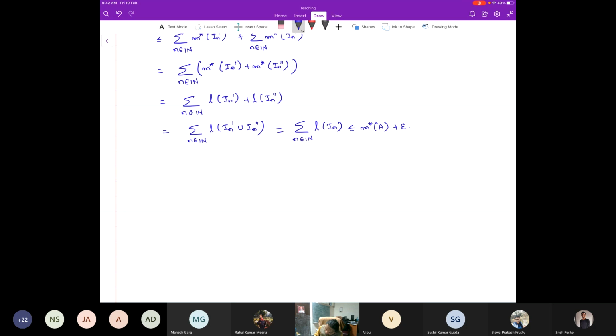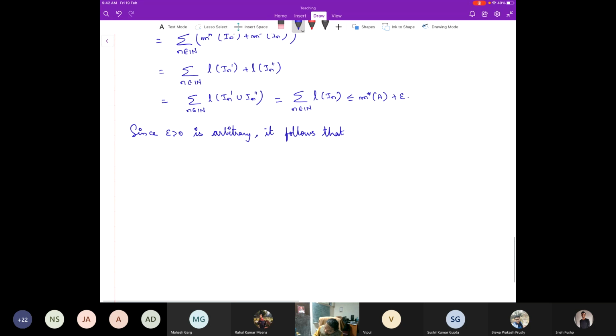Since epsilon greater than 0 is arbitrary, it follows that m star of A intersection E plus m star of A intersection E complement is less than or equal to m star of A. That's it, done.